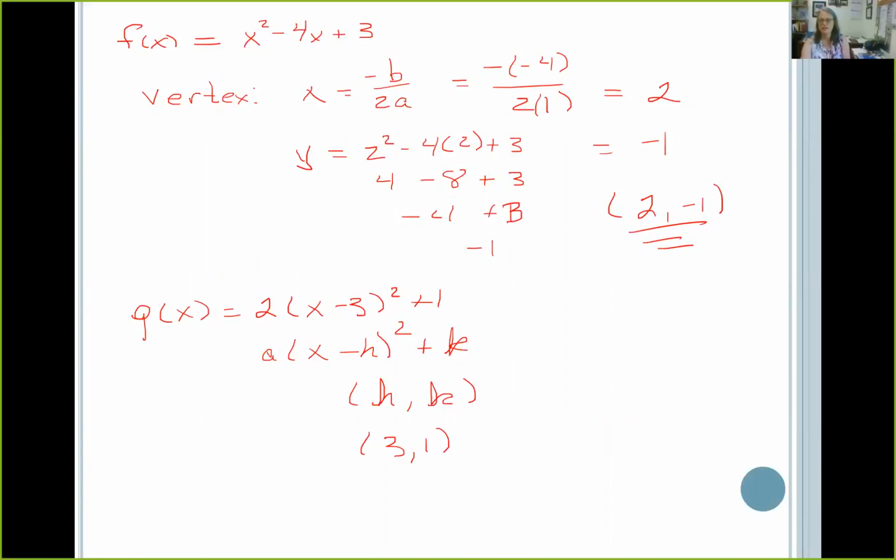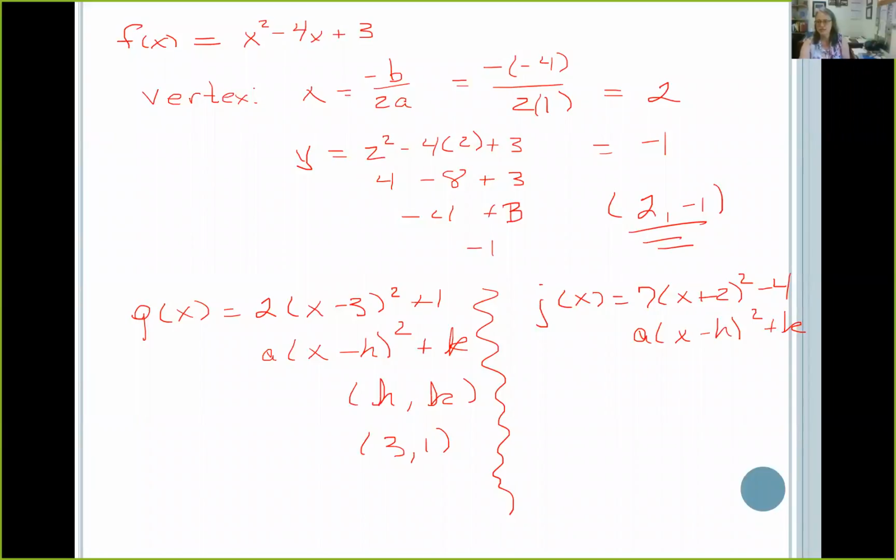Now, a minute ago, I said things might get a little tricky with this. Suppose I've got j of x equals 7 times x plus 2 squared minus 4. What's the vertex? Well, remember, it's always x minus h.